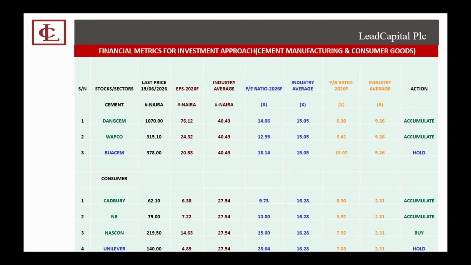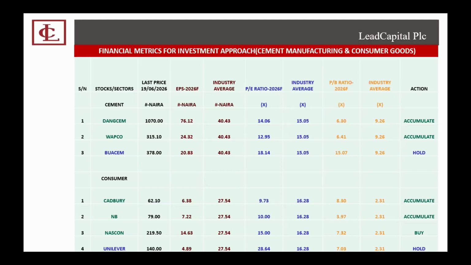Dangote Cement appears attractively valued relative to the industry despite being the earnings leader, with an EPS forecast of 76.12 naira, significantly above the industry average of 40 naira 43 kobo. Its PE ratio of 14.06 times is slightly below the industry average of 15.05 times, suggesting investors are paying less for each naira of earning compared to its peers.